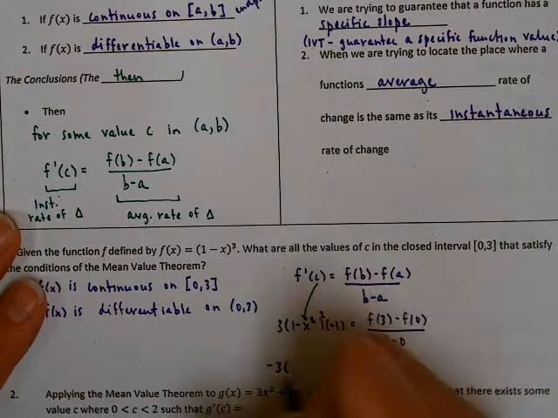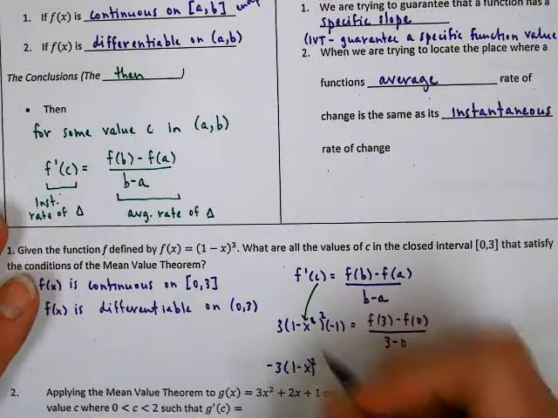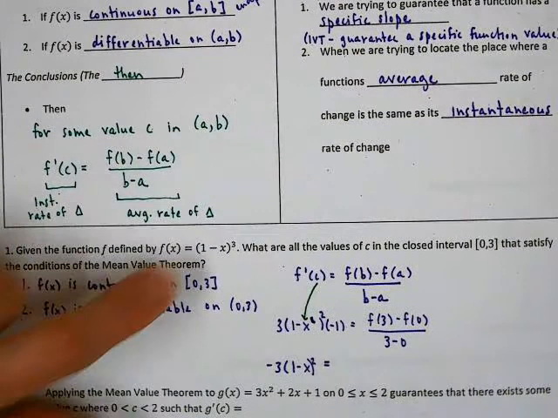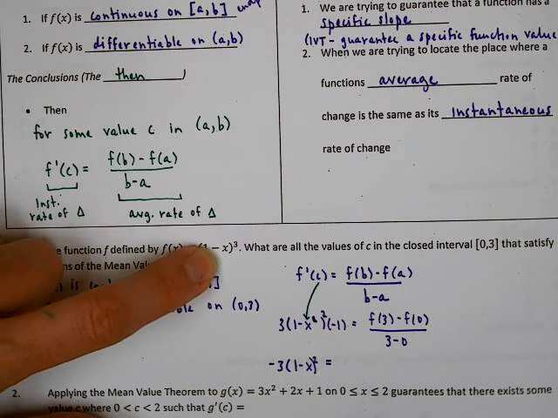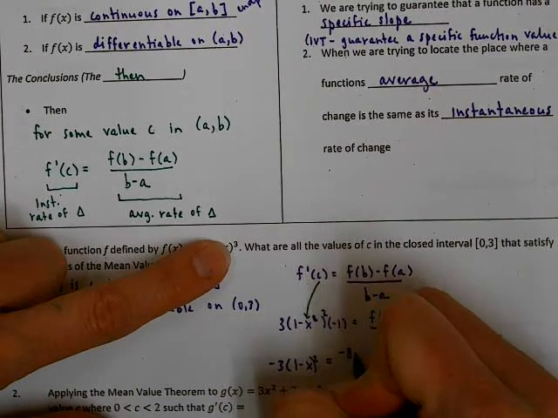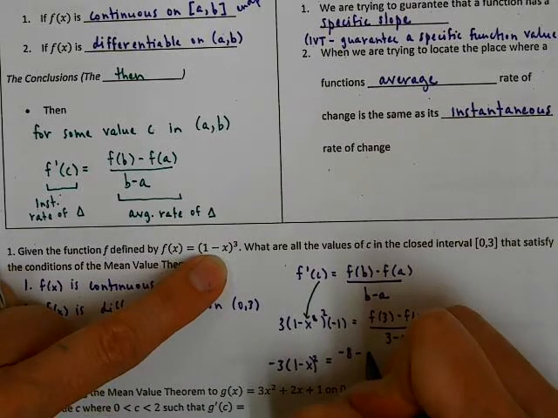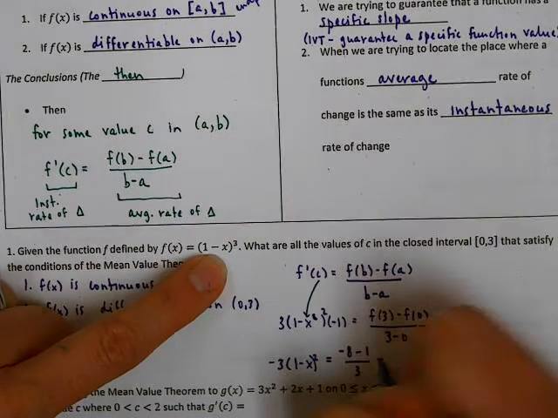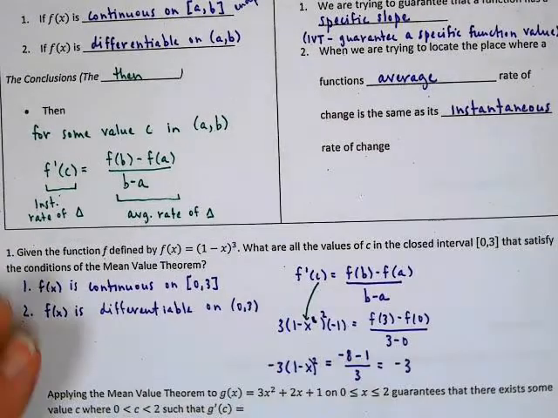Okay, so negative 3 times the quantity 1 minus x, squared. That's going to be equal to, let's see, f of 3 is 1 minus 3, which is negative 2 cubed, which is negative 8, minus f of 0, which is 1 cubed, which is 1, over 3, which is negative 9 over 3, or negative 3. So now we're getting close.